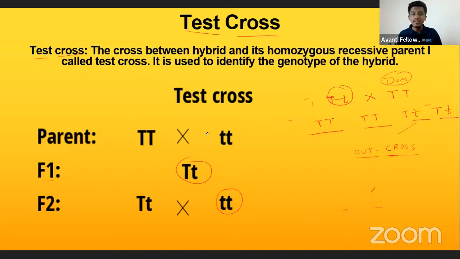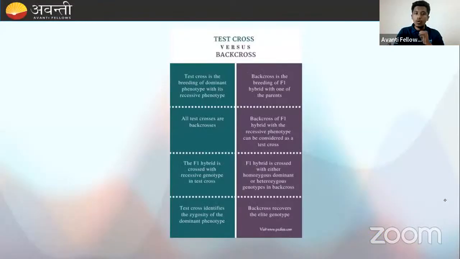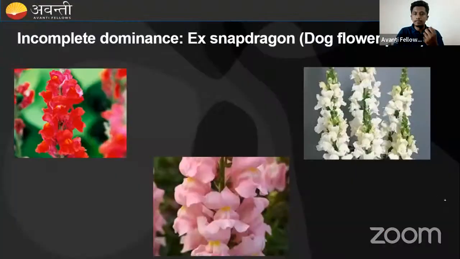Is Mendel's first law of genetics applicable in all cases? We know that we have the law of dominance, the law of paired factors, and the law of segregation. The law of segregation is universal and it follows everywhere, whereas the law of dominance is not followed in all cases.